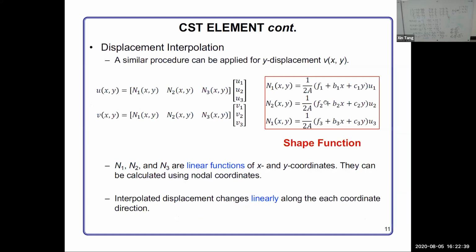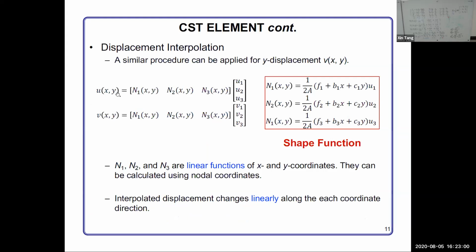Another interesting thing here: remember, the strain is the differentiation of the displacement. So if you differentiate those displacement functions, you will get a constant value of the strain.